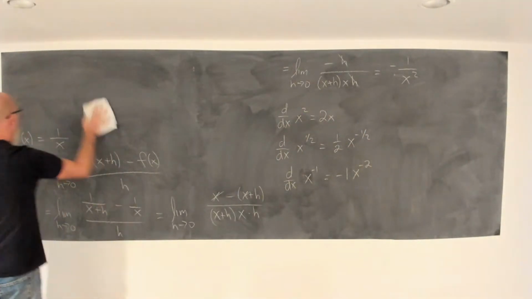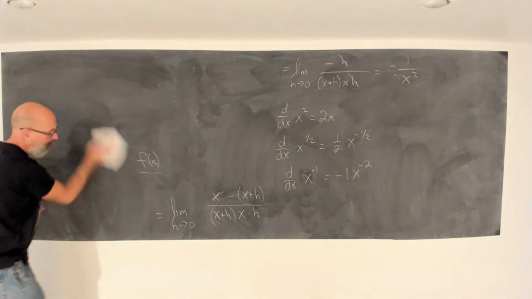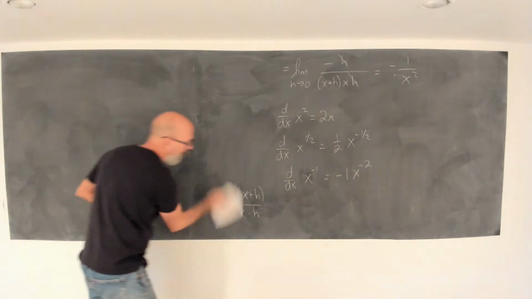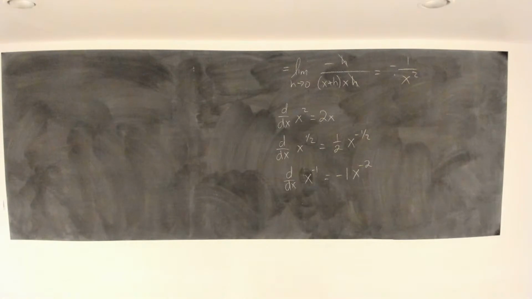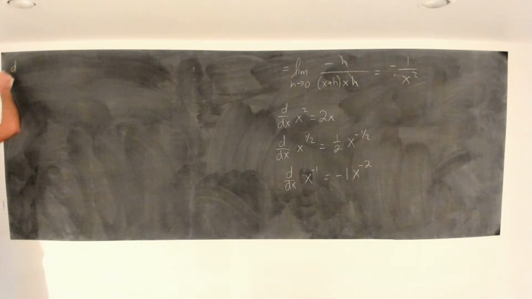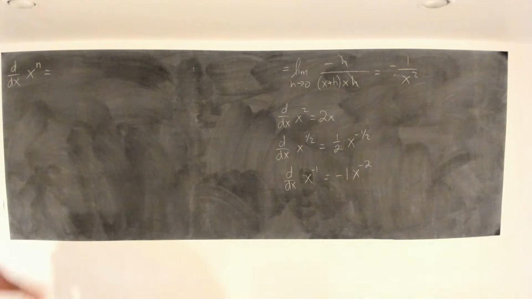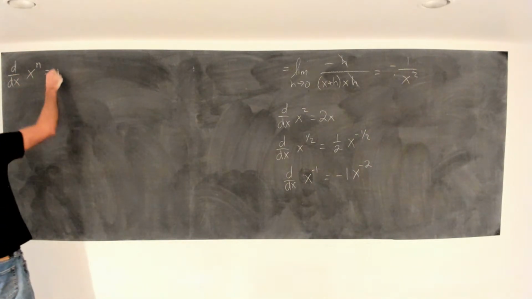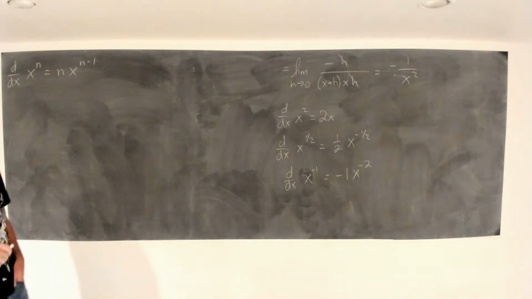Let's write that as a rule. The derivative of a power of x is n x to the n minus 1.